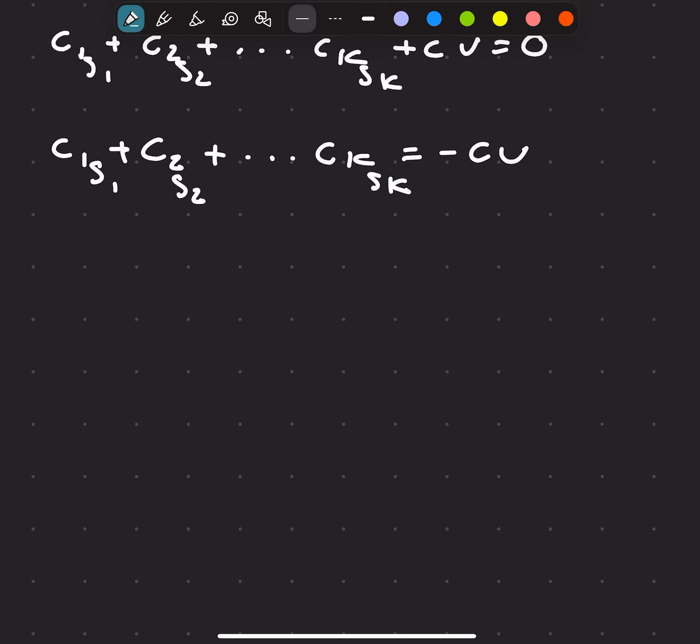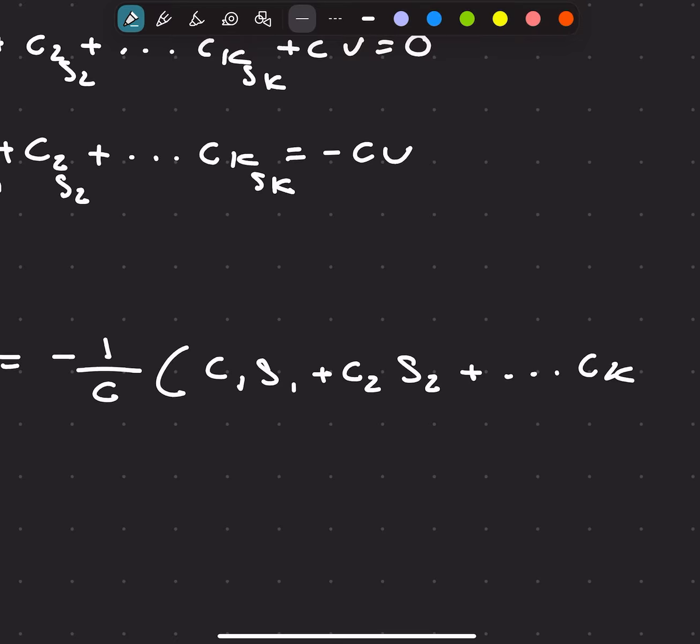Now, if C does not equal 0, we can solve for V. What we get is V equals negative 1 divided by C times C1 S1 plus C2 S2 plus CK SK.